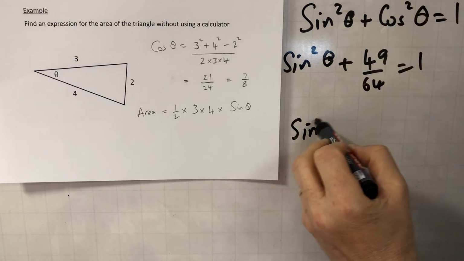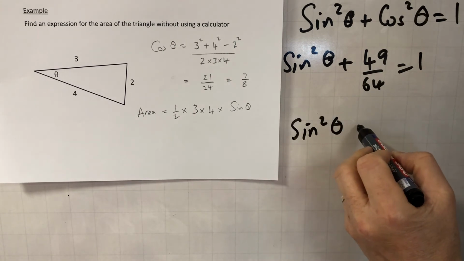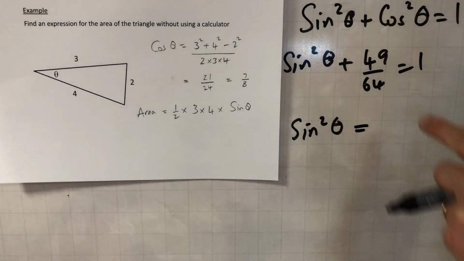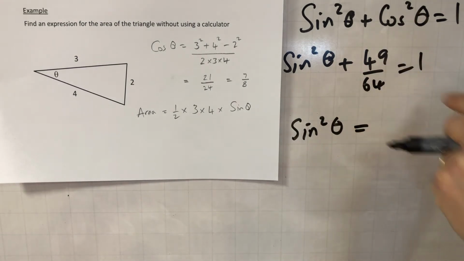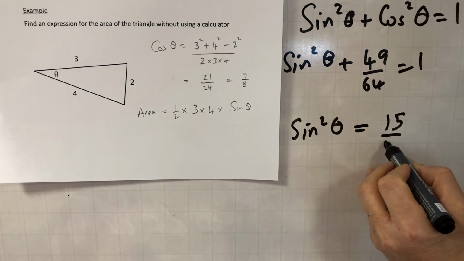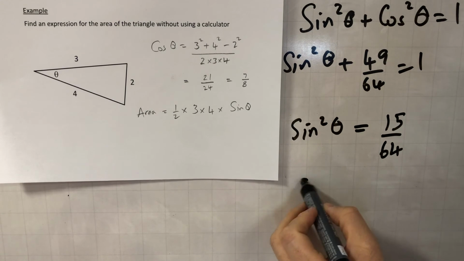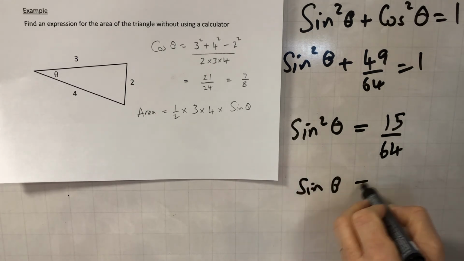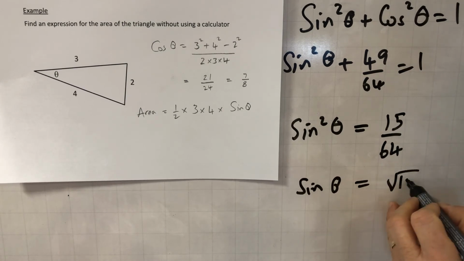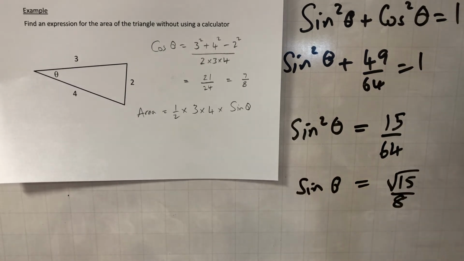So therefore, to work out sine squared, all I have to do is subtract the fraction from 1. So 1 take 49 over 64 gives me 15 over 64. So therefore, sine theta is equal to the square root of that, which is that.